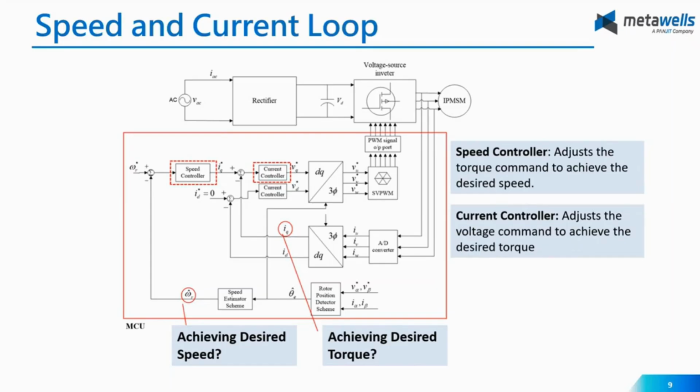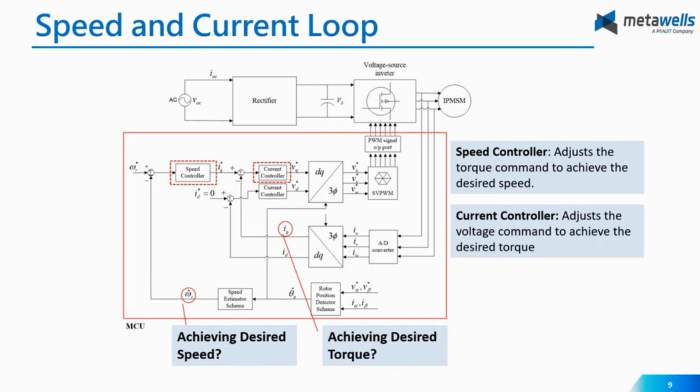The speed controller adjusts the torque command IQ to achieve the desired speed, and it compares against the reference speed omega r. This omega r is from the speed estimator scheme.